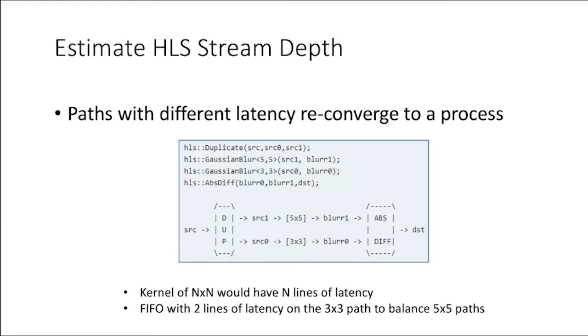I remember in the Vitis tool, when you run the cosim, you can turn on a mode that will record the dynamic FIFO depth. After simulation, you can read the report and see how much data FIFO is used in each channel.